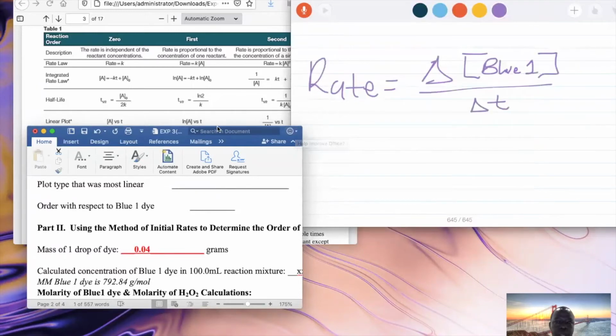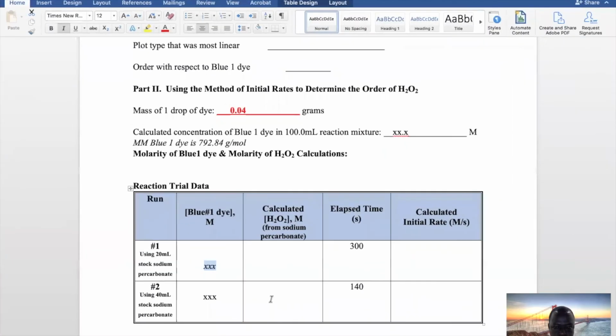So I'll take whatever you'll get for x over 300 and 150, I believe, or 140 right here. This is the time you will divide. Remember how we divided by time last time?